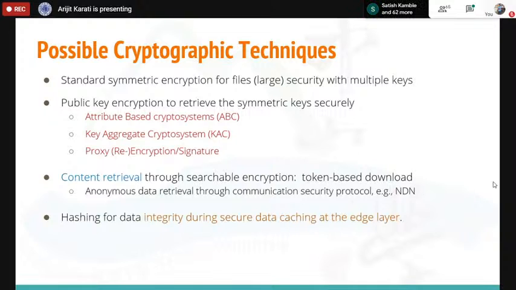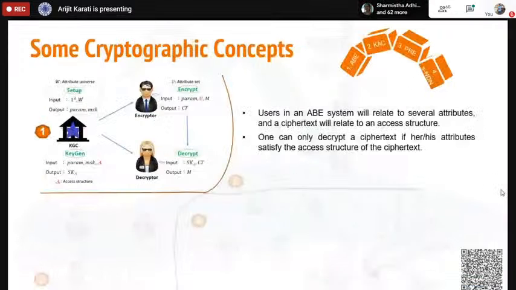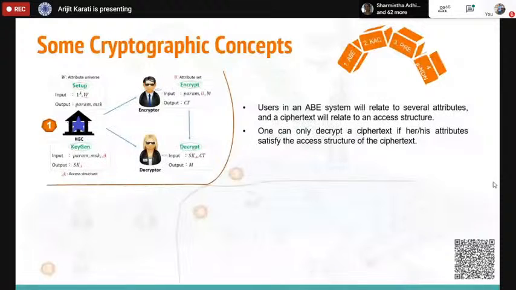So these are the possible techniques you can incorporate in your edge computing model to make it more secure. These are some basic overviews of those techniques. The four techniques we have discussed are attribute-based encryption, key aggregate cryptographic techniques, proxy re-encryption, and signatures. For attribute-based encryption, maybe you will have a better explanation from Professor Mohudas Gupta.